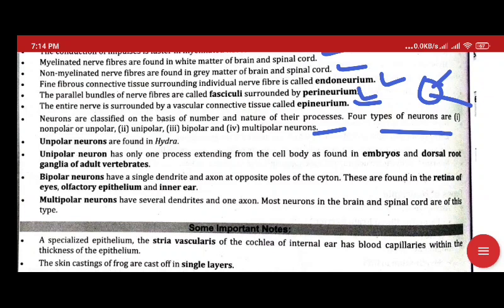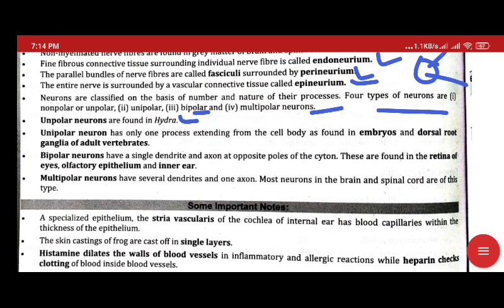Both dendrite and axon, that is bipolar, and multipolar means several dendrites and one axon, with the dendrites branched. Unipolar is found in embryos and in the dorsal root of the spinal cord in man.